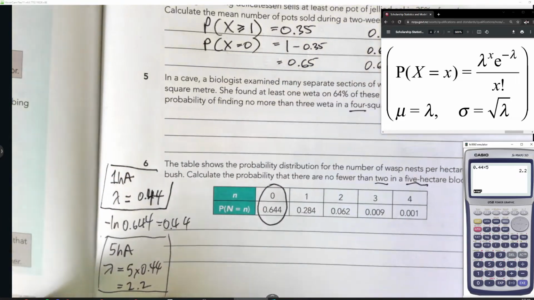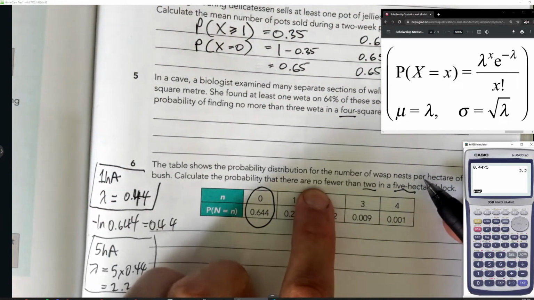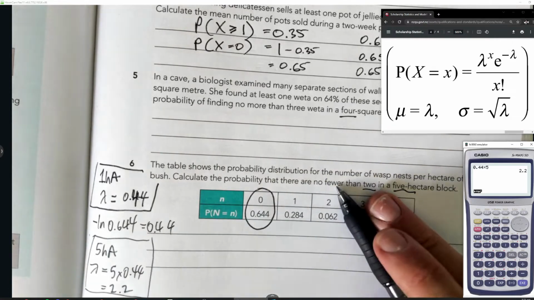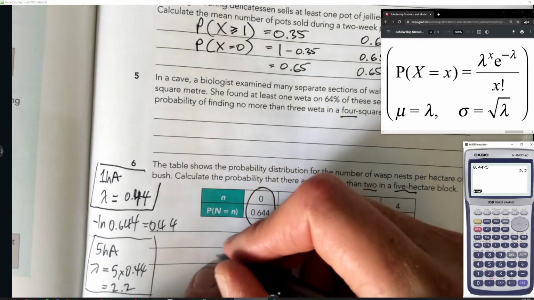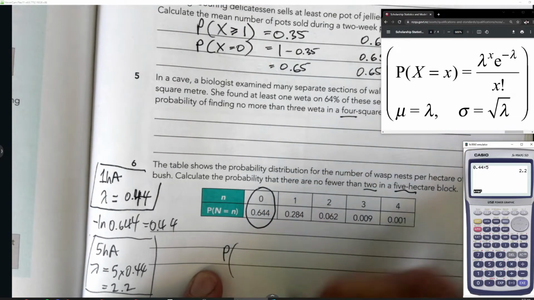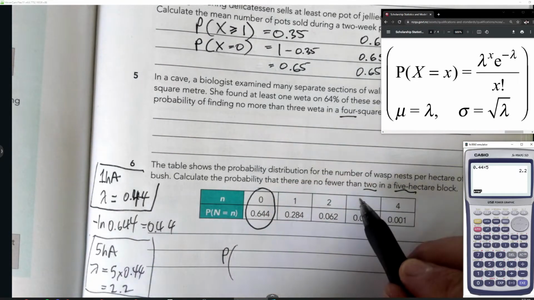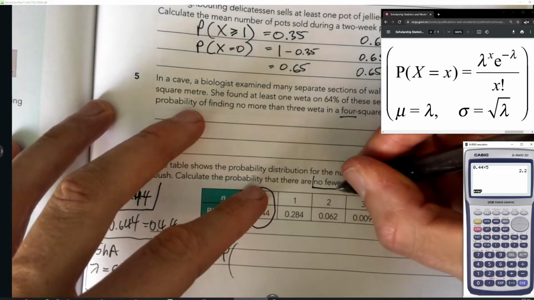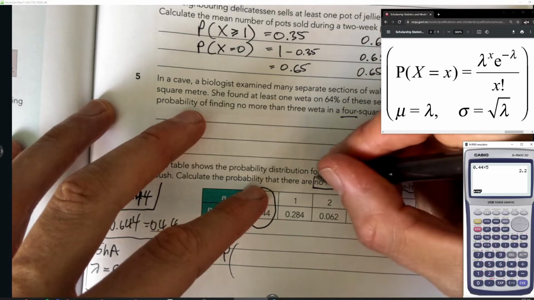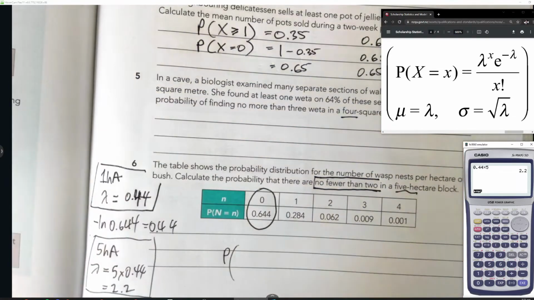And now let's see what question they're asking. There are no fewer than 2. So they want to know P. No fewer. Oh shucks, that English is getting to my head. No fewer than 2.